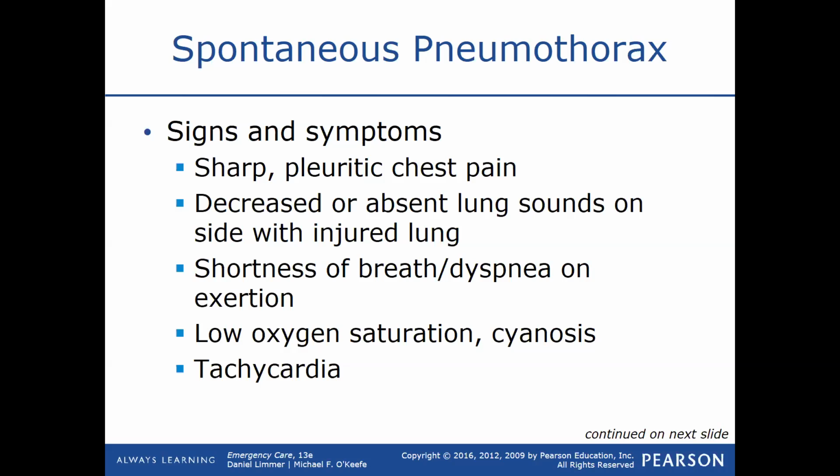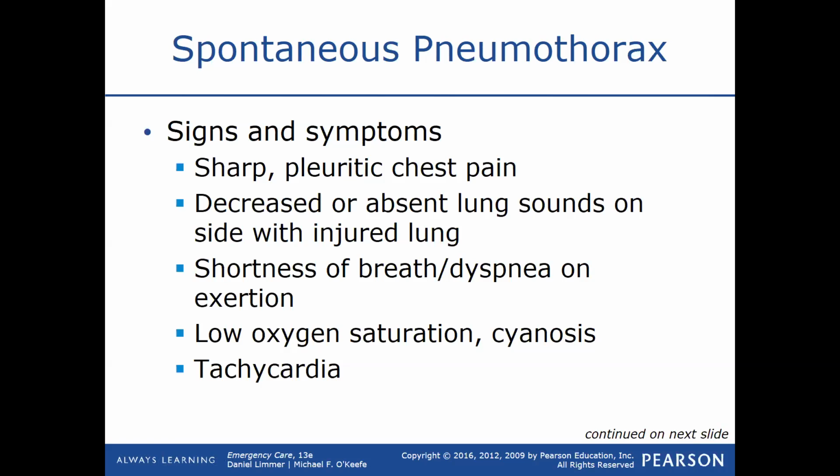And if you apply pressurized air, you're going to make that cut even bigger and worsen the injury. And that is why you do not do that. There's a good chance you can kill this patient from applying too much pressure in the chest, because that pressure can build up and not escape to the point where it causes obstructive shock. Remember what that is? That's pressure on your heart from the thoracic cavity. So that's why that's a big deal.